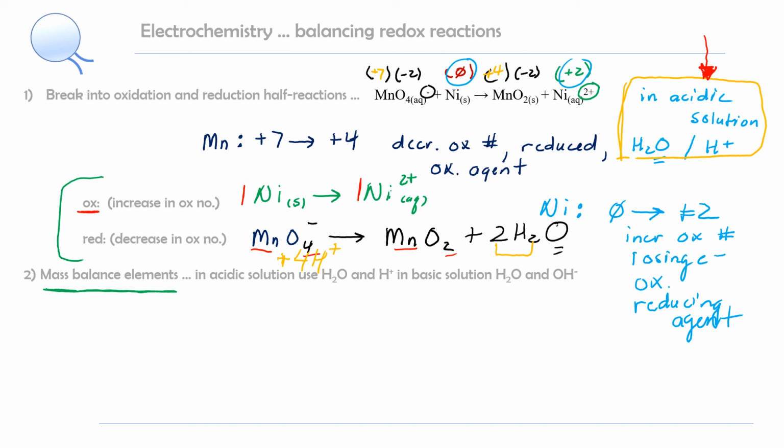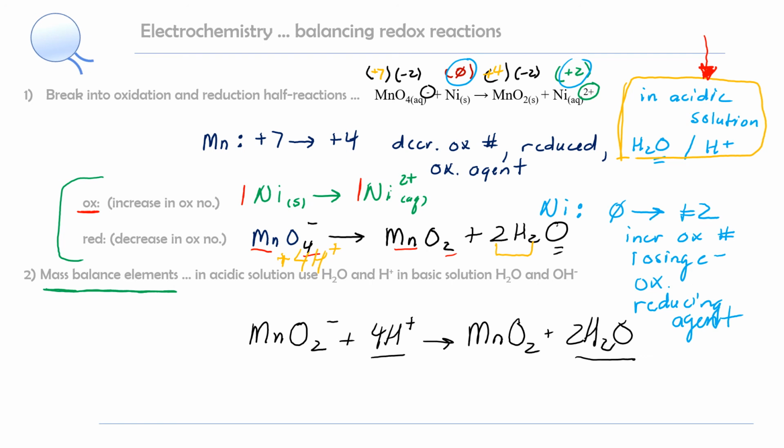Let me clean everything up and show you what we have here. We have MnO4- plus 4 hydrogen ions to give manganese dioxide and 2 waters. So that's how we successfully use water and hydrogen ions to mass balance in acidic solution.